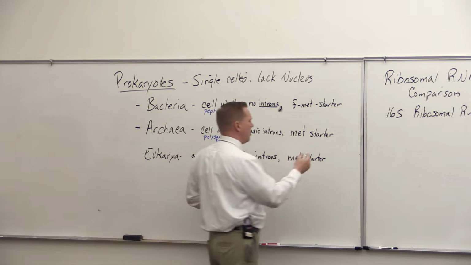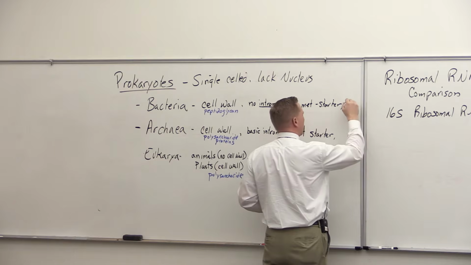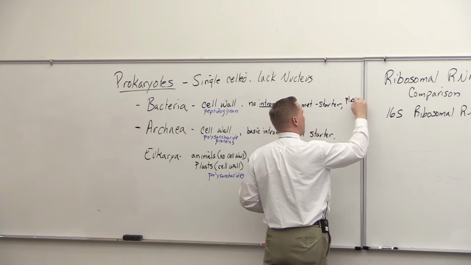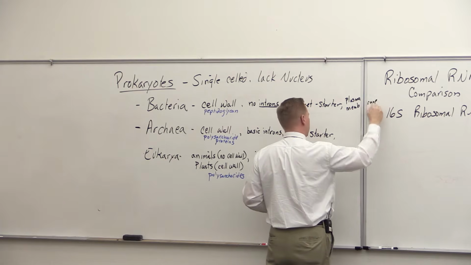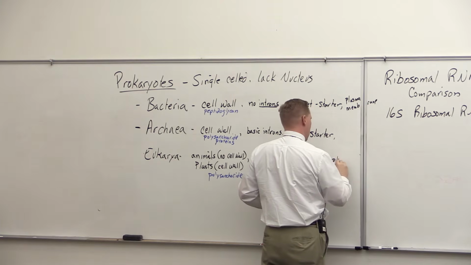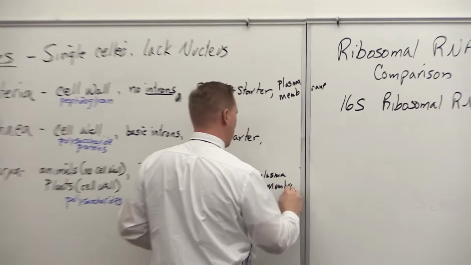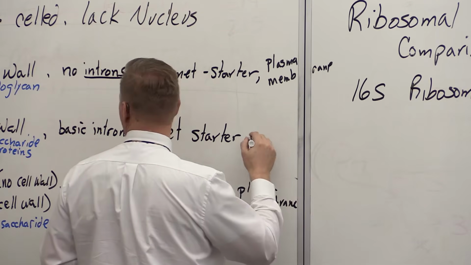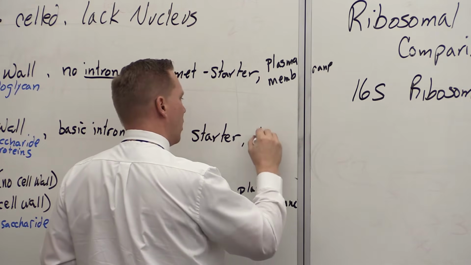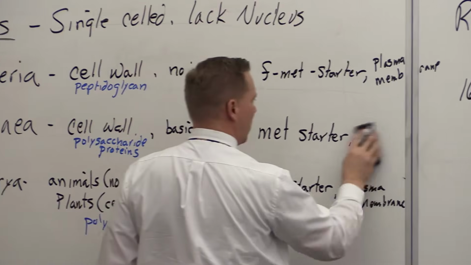We also see some differences. One way in which they're unique, so these guys have a plasma membrane. And the phospholipids that make up the plasma membrane are quite unique. And right here in the archaea, these guys have actually special phospholipids.